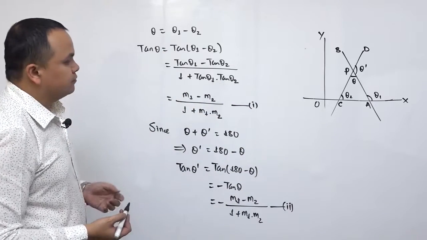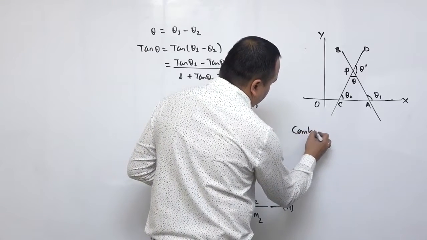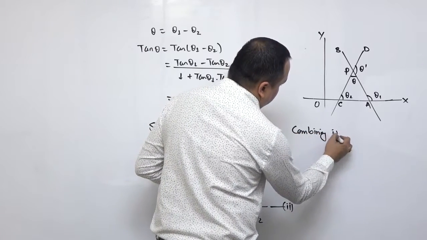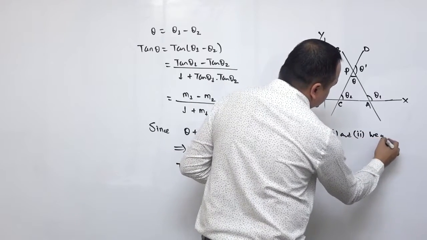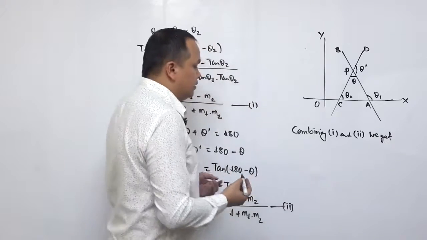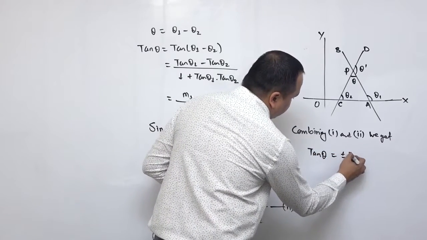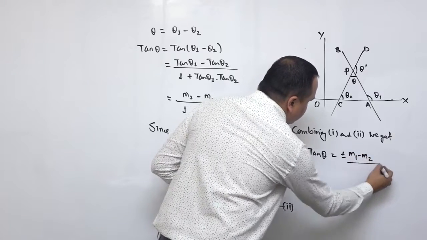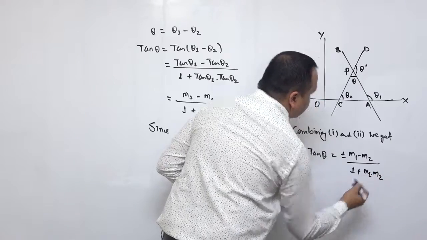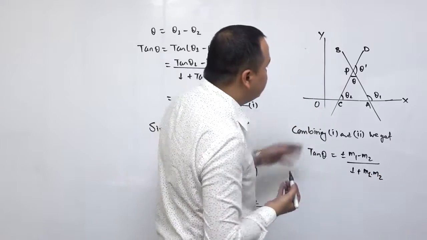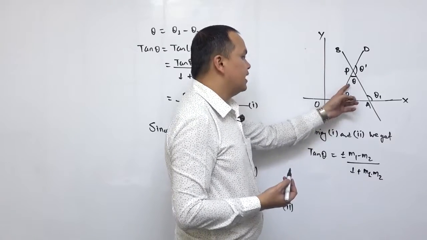Now combining I and II, we get tan theta is plus minus m1 minus m2 upon 1 plus m1 into m2, because the angles between the two lines AB and CD are theta and theta dash.